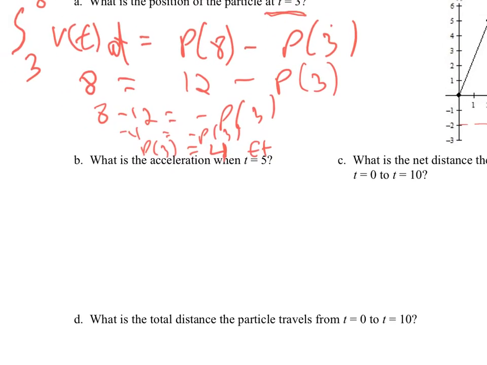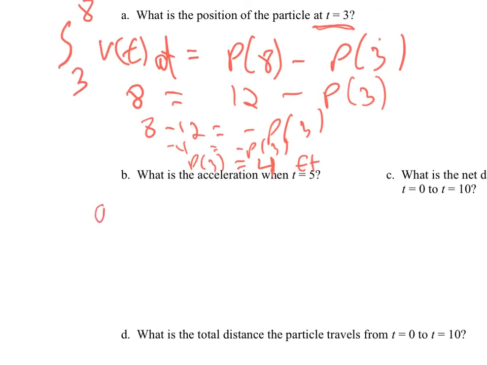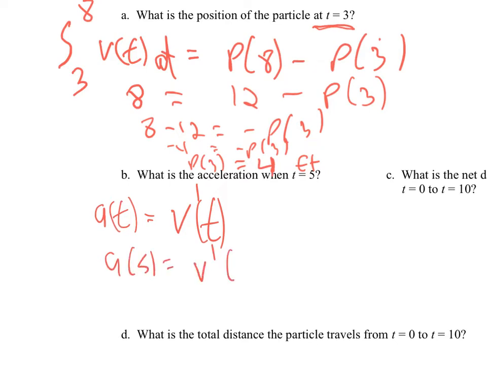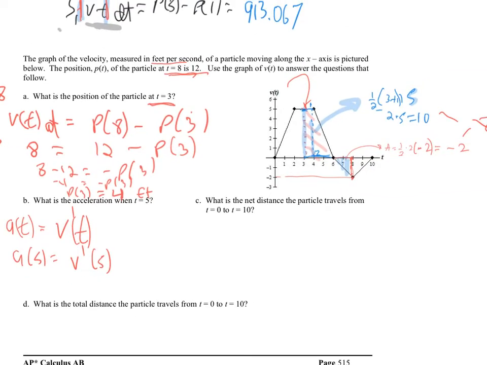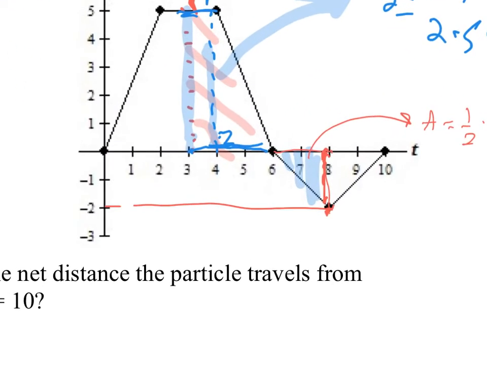What is the acceleration when t is 5? Well, what's acceleration compared to my velocity? It's the derivative of velocity. So acceleration at 5 will be my slope of that graph at 5. Since this is a picture of v, 5 is about here. I just need the slope of that line.